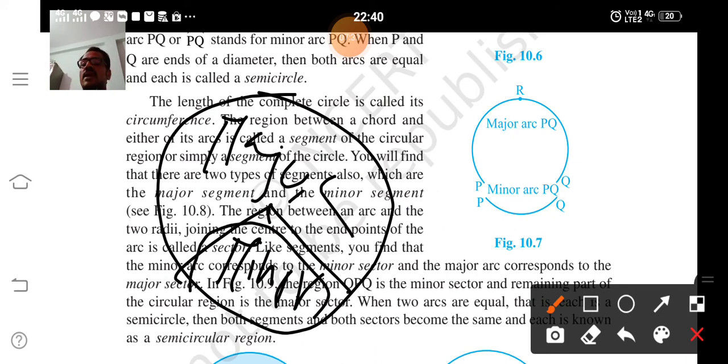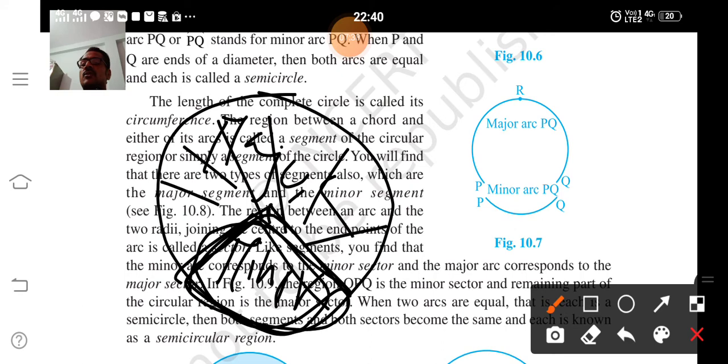So this is the minor arc and this whole region together forms the major arc. Clear? Minor arc, major arc.